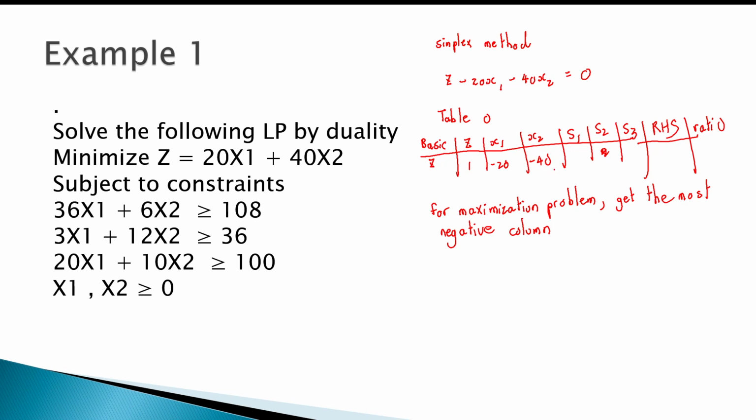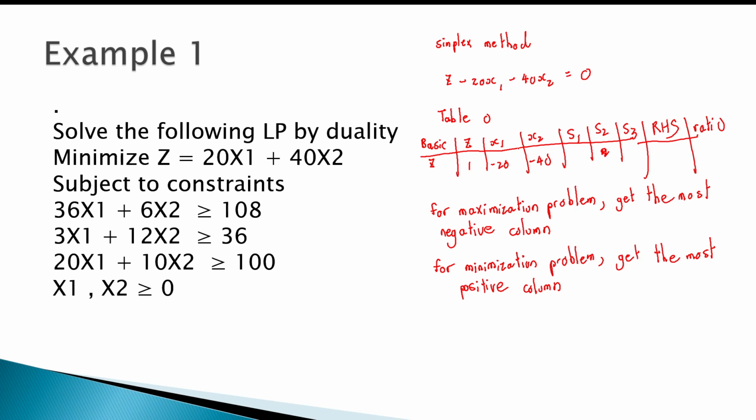However, for a minimization problem, you need to get the other way round, the most positive column.